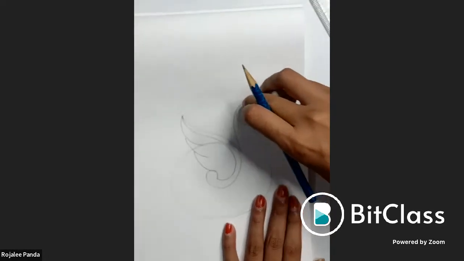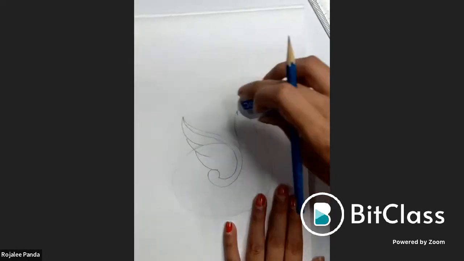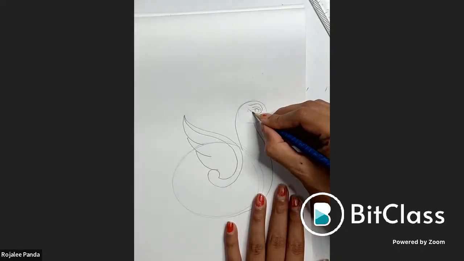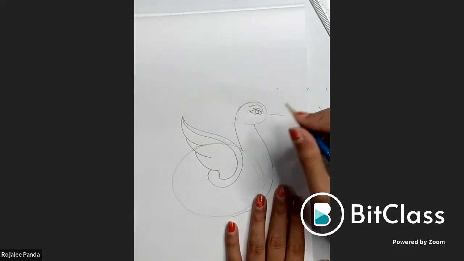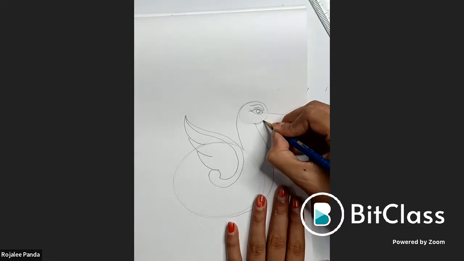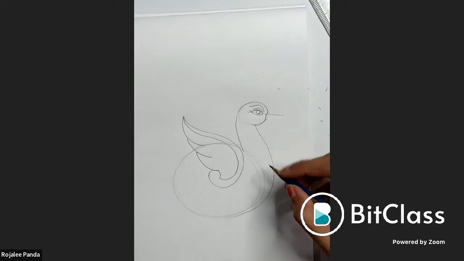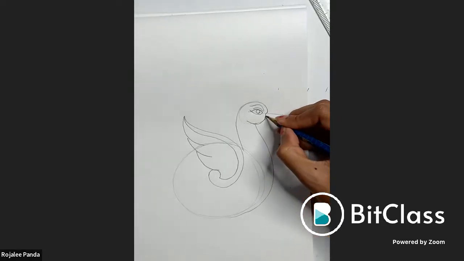You can erase the extra lines which we don't want from our artwork so that it looks more beautiful. It's your choice if you want to extend the line of the eye or not. Here you can just create a little curve so that it looks more beautiful here and here.